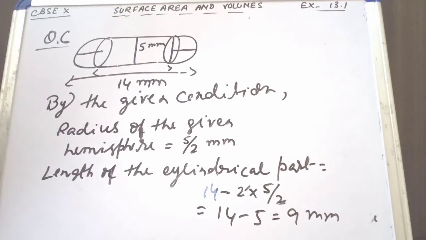So this is the length of the cylindrical part. So now the required surface area.